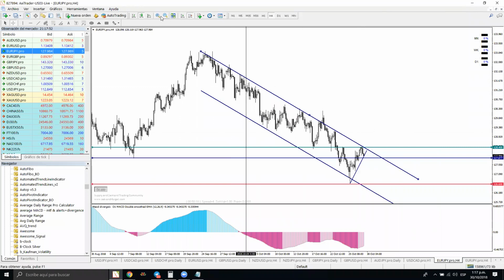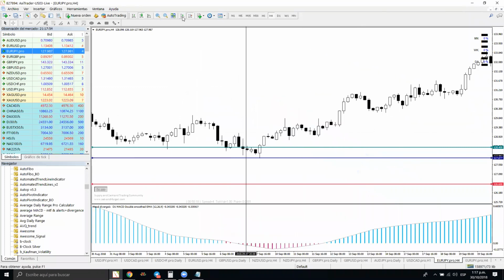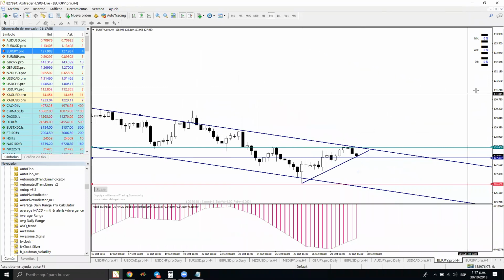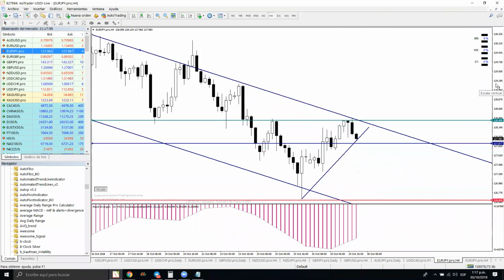So now, let's see what happened. And this is the special moment. So now we understand that we need momentum. Let's make an example where the market creates this momentum from here to here. It broke this trend line, yes. It broke the support, yes.